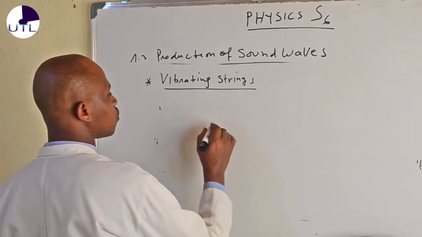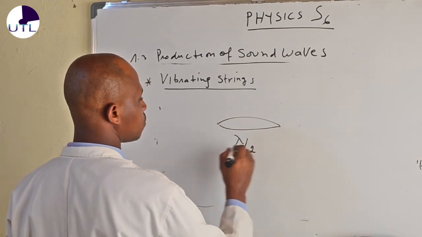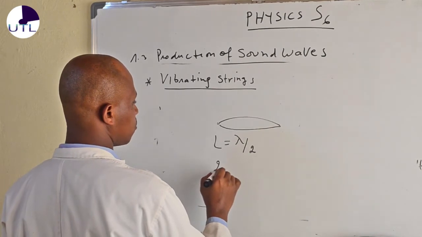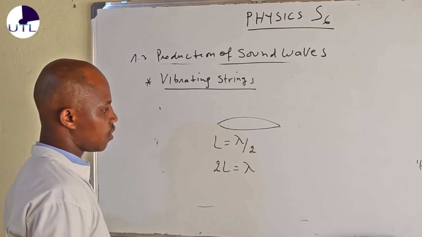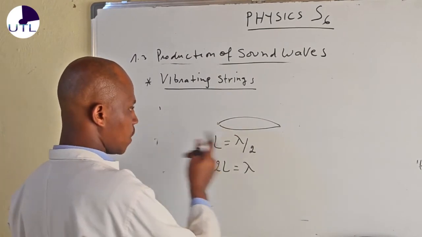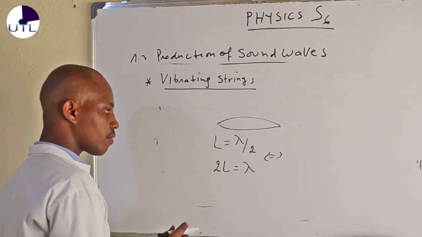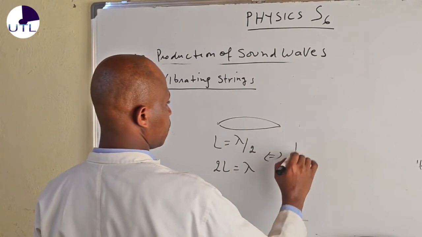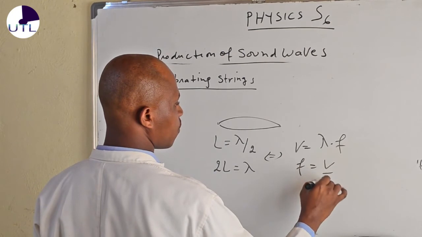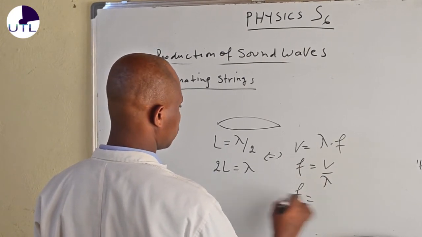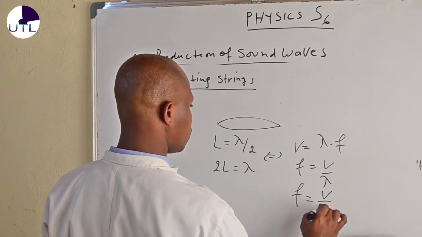So for the fundamental frequency, here you have wavelength divided by 2, that's the length. So 2 times the length is the wavelength. Now, V is equal to wavelength times the frequency, so frequency is equal to V over wavelength, that is, frequency is equal to V over 2L.